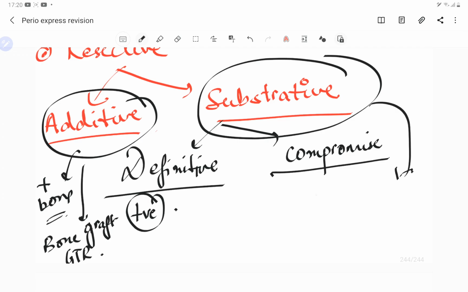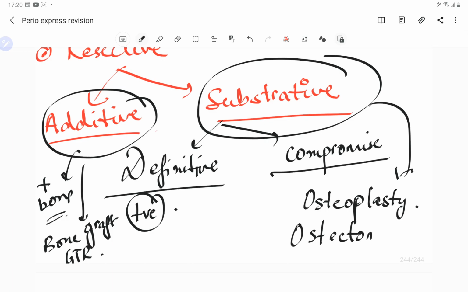Subtractive procedures can be osteoplasty, and we have already talked about what osteoplasty is, guys: reshaping the bone without the removal of the tooth supporting bone. But osteectomy is also an example of a subtractive osseous procedure.